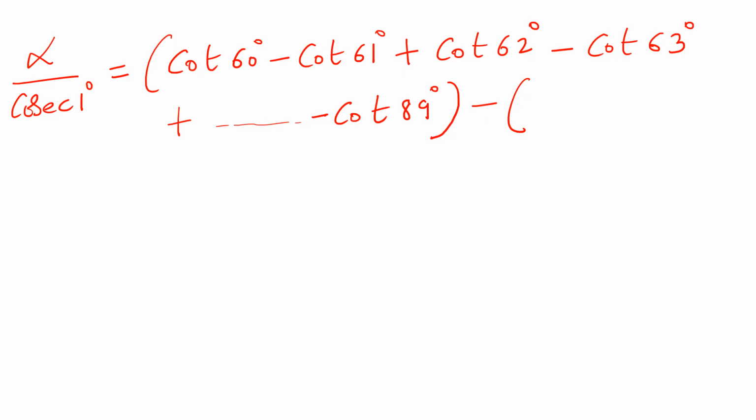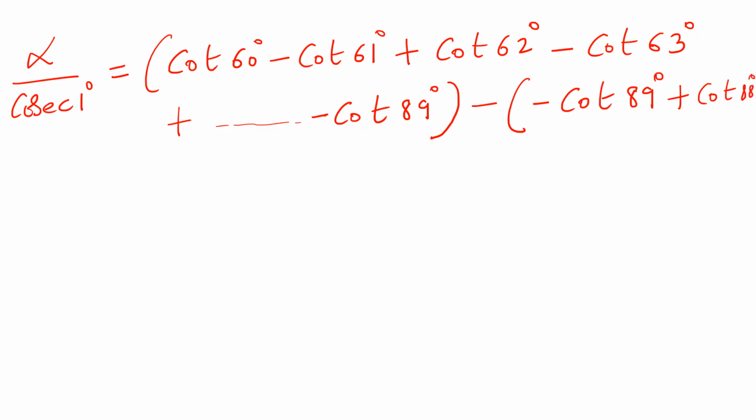Now cot 91 degree can be written as cot of (180 degree minus 89 degree). And we know that cot of (180 degree minus theta) is minus cot theta. So that means cot of 91 degree is actually minus cot 89 degree. Fine. And similarly, minus cot 92 degree will become equal to plus cot 88 degree.